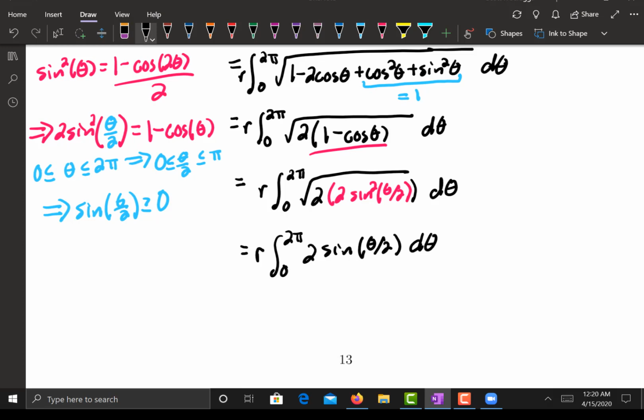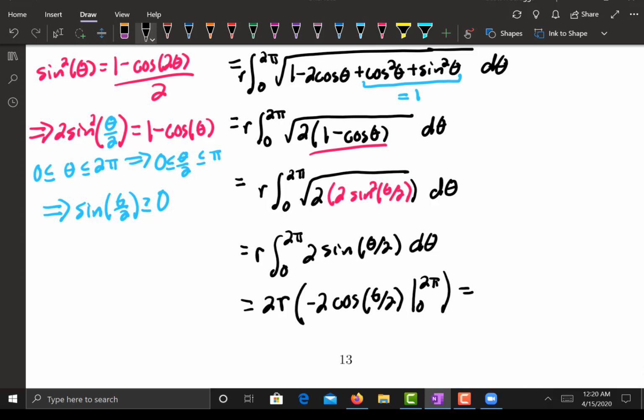And I say now we get to profit. Because now that equals 2r, where the 2 is coming from taking it outside of the integral, times the integral of negative 2 times cosine of theta over 2, evaluated from 0 to 2 pi.